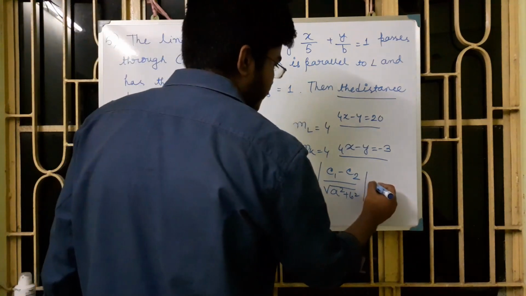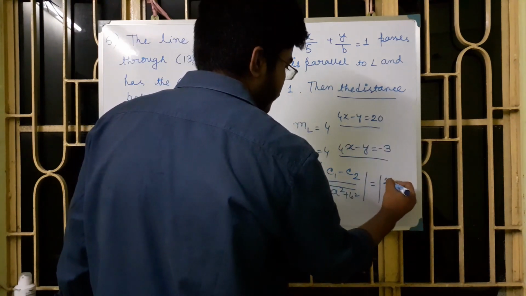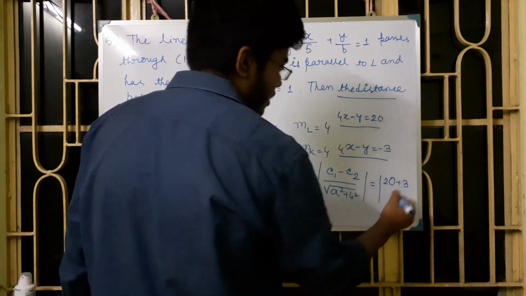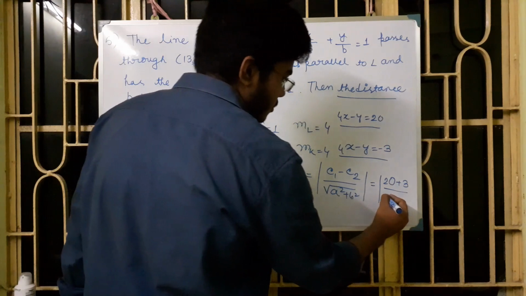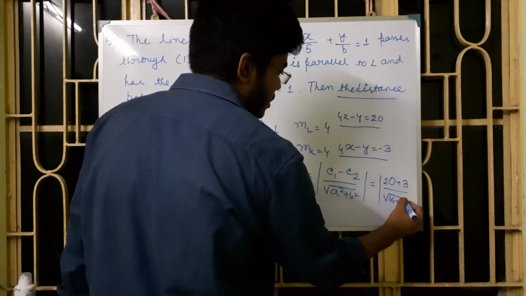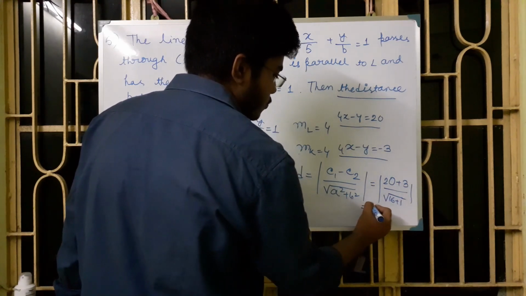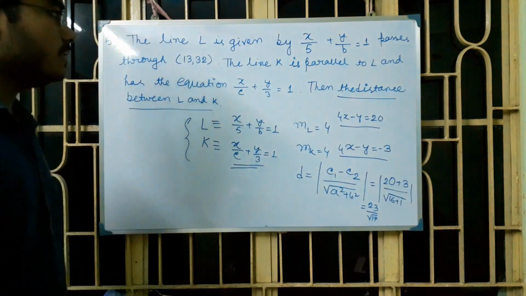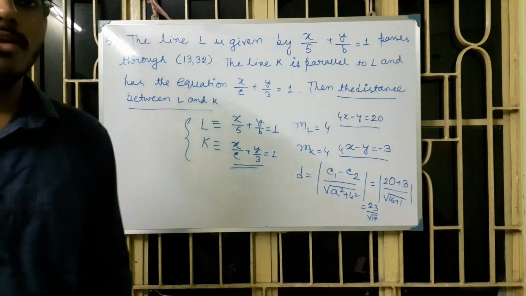That means C1 is 20, C2 is minus 3, that means 20 plus 3 upon root of a square plus b square, that means a is 4, square 16, b is 1, square it is 1, it is 23 upon root 17. This is the answer of the question.